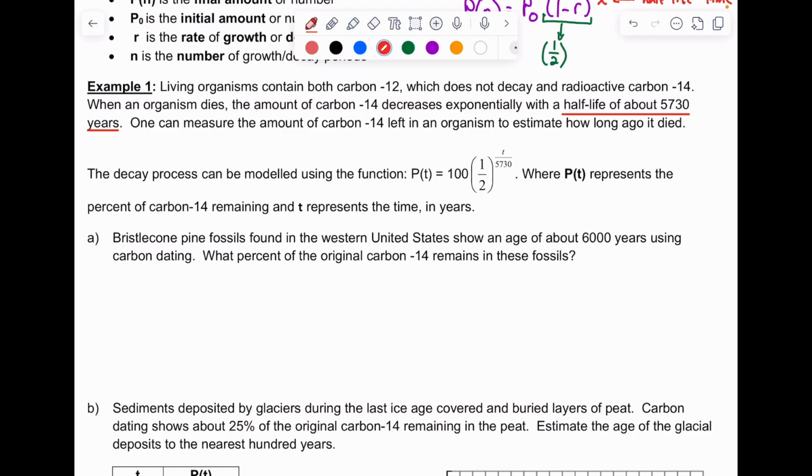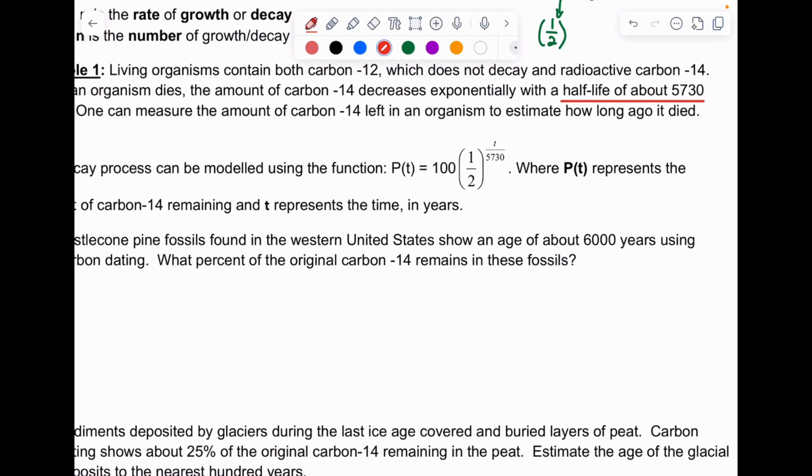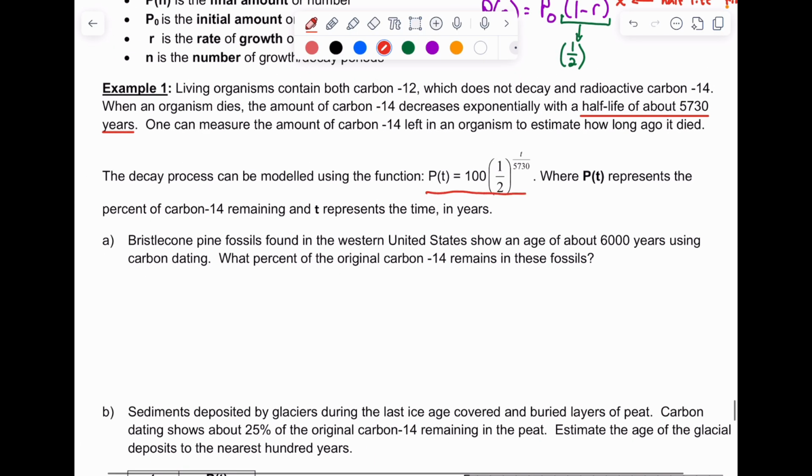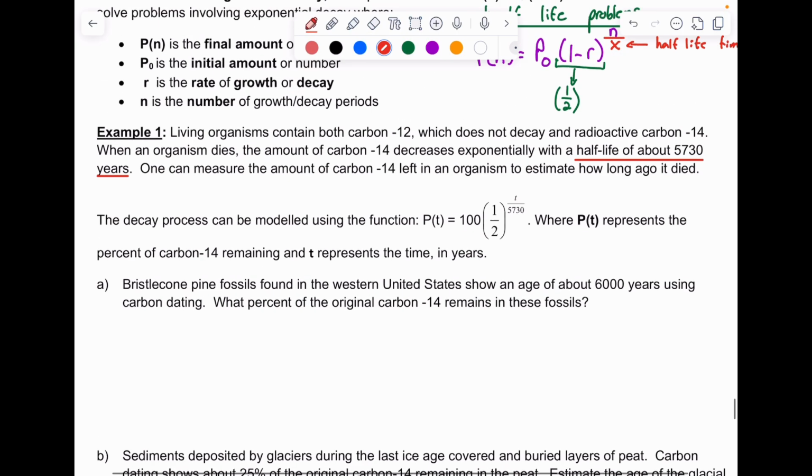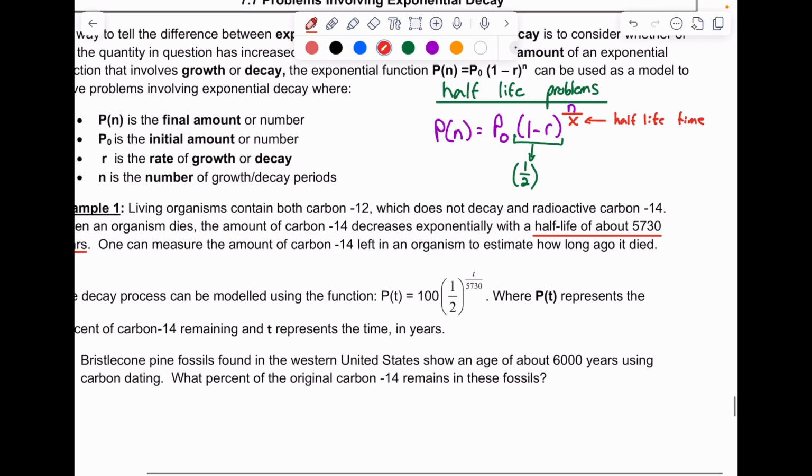Look where that number is on our model. I gave us an equation here, and notice how similar it looks to the one up top. Here, I told you it had a half. Here's your half. And then this is where that 5,730 goes. It goes on the bottom of the exponent.